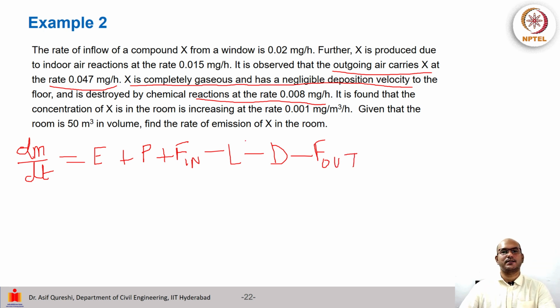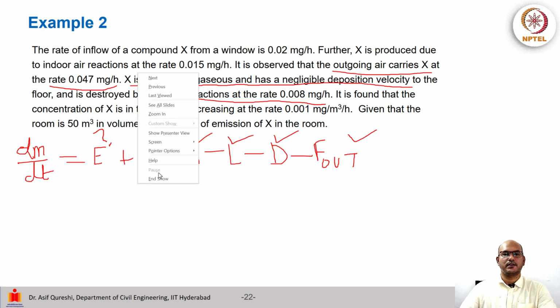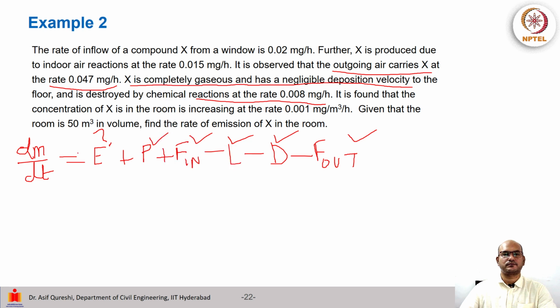So what are the things that are unknown? F out is known, deposition is known, loss is known, F in is known, P is known, E is not known. What about dm by dt?